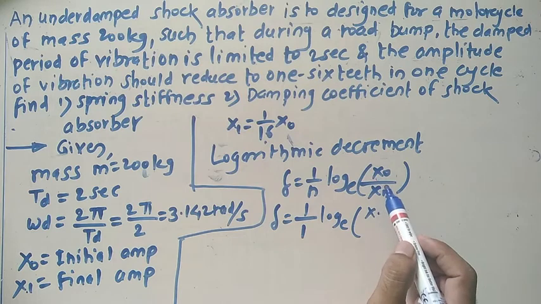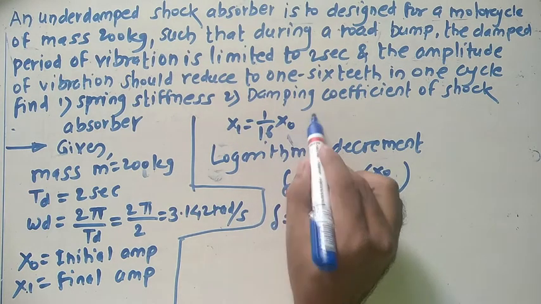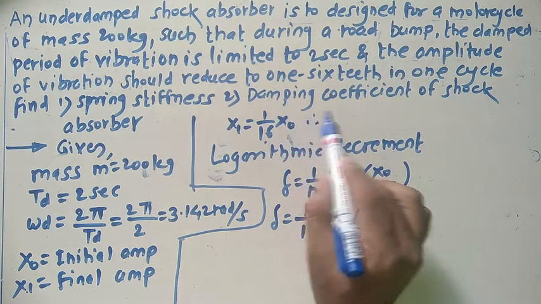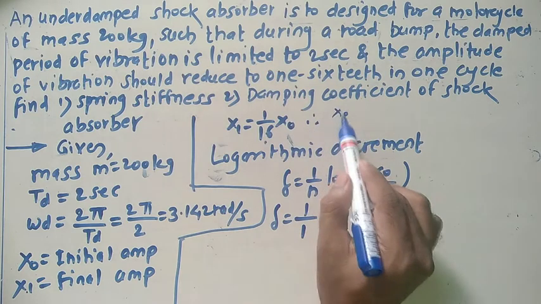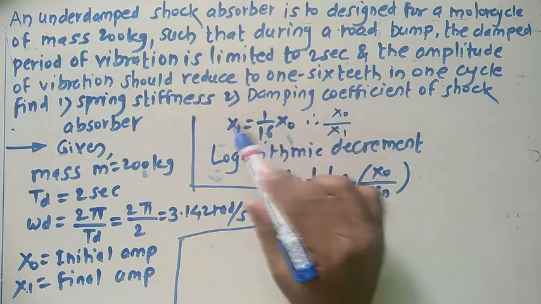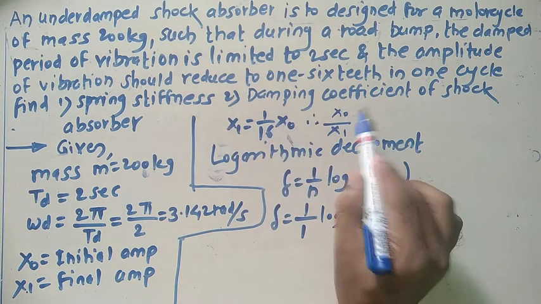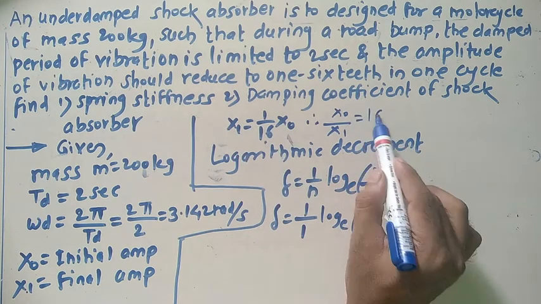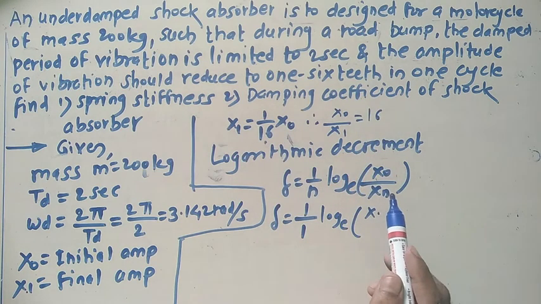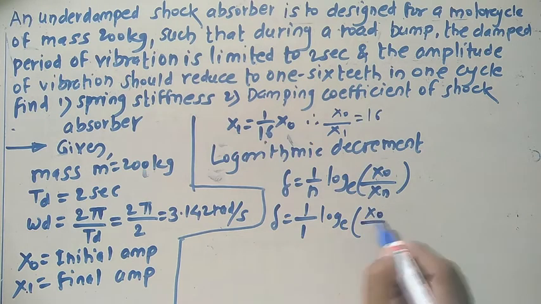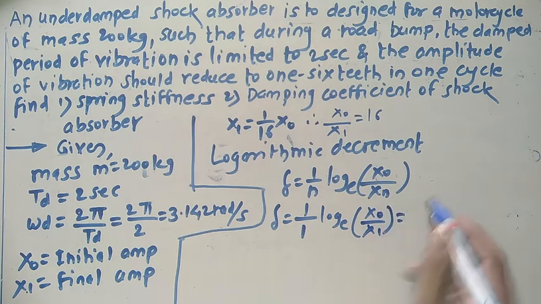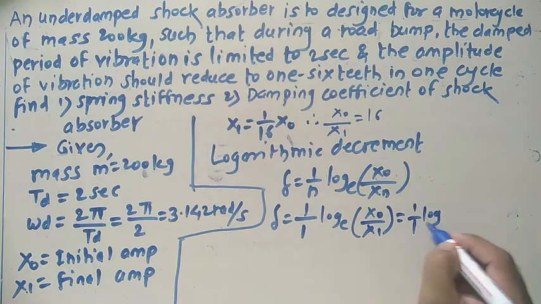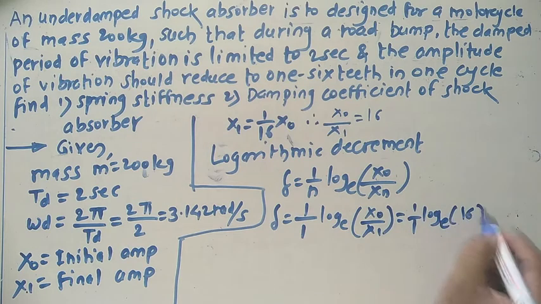Okay, so this ratio x naught by xn we can get directly here. Therefore x naught by x1, if I take this x1 term here and the 16 term here, we can get this relation. So x naught by x1 is nothing but 16. So 1 upon 1 log to the base e, here we get 16.